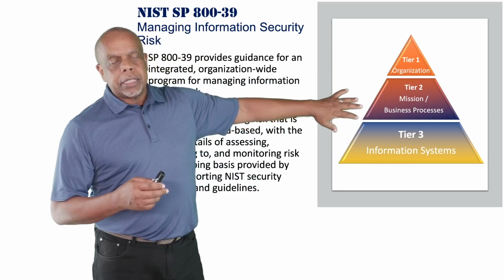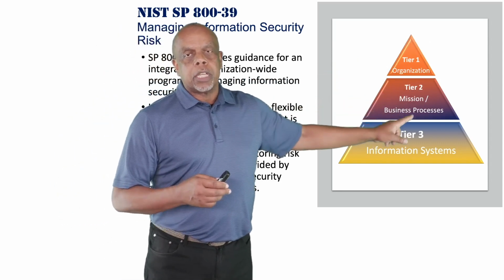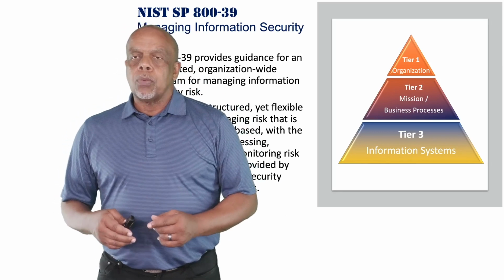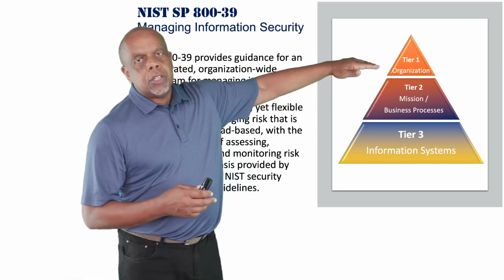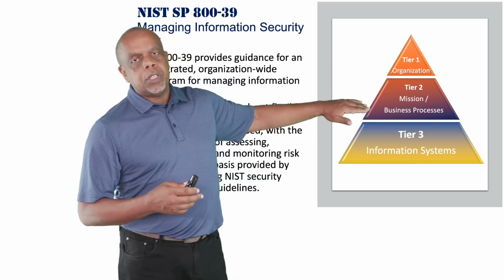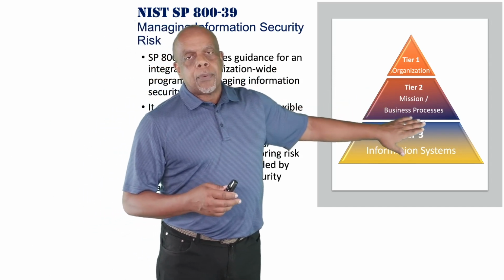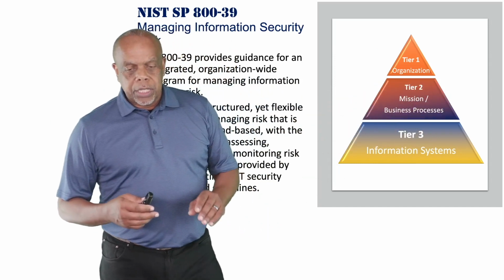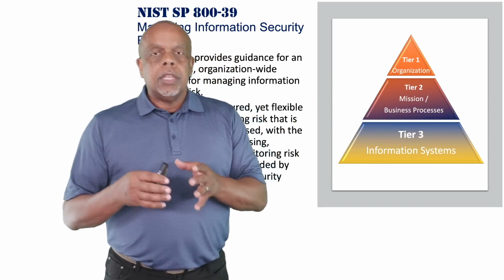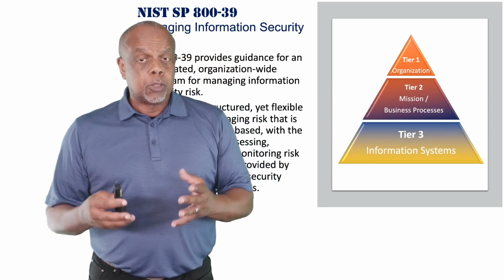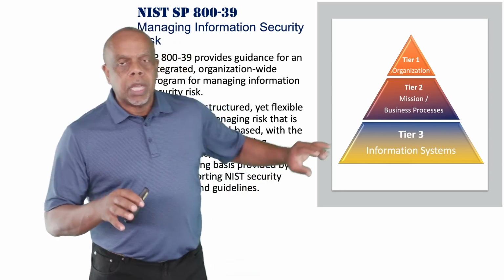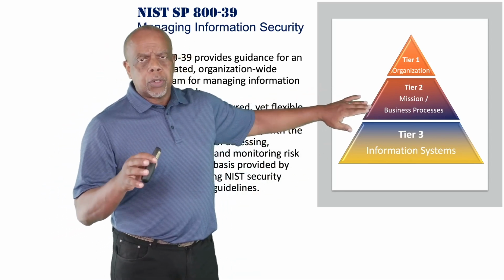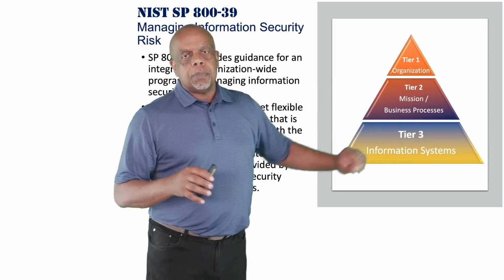Now, Tier 2 is where we start looking at mission and business process risk. So now we've gone from the strategic 2 to 10-year vision to the 1 to 2 years of how we operate within our organization. These are the mission areas, the business areas, as well as the business processes, so we can start understanding the security risk associated with them.